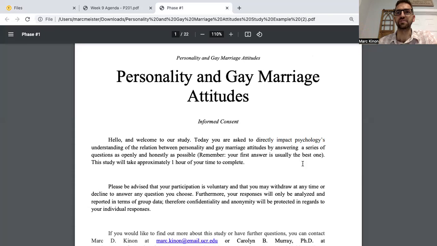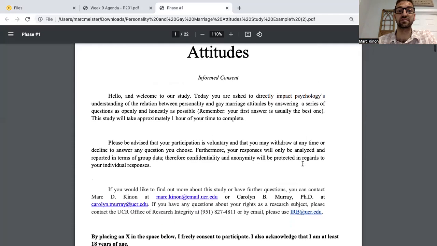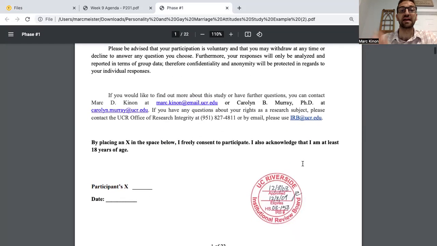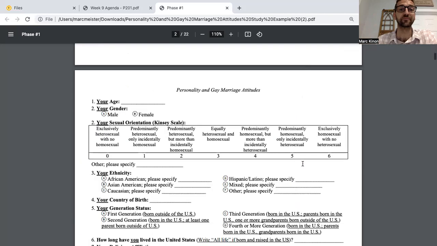So you're going to pretend like you're a participant. And I'm going to talk through what you're going to write. So this is what I want you to do. Participants were asked to participate in a study called Personality and Gay Marriage Attitudes. Before participants participated in the study, they were asked to read an informed consent, to place an X in the blank to represent their acceptance of the informed consent, and put a date.